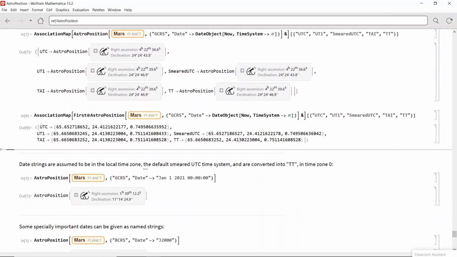Date strings are assumed to be in the local time zone. The default smeared UTC time system and are converted into TT in time zone 0.